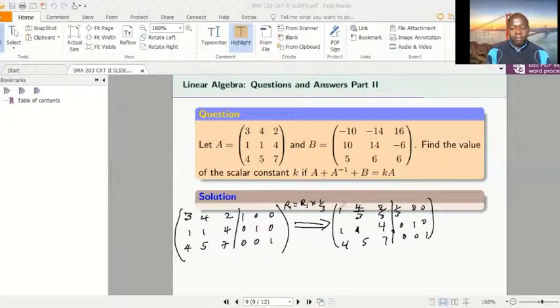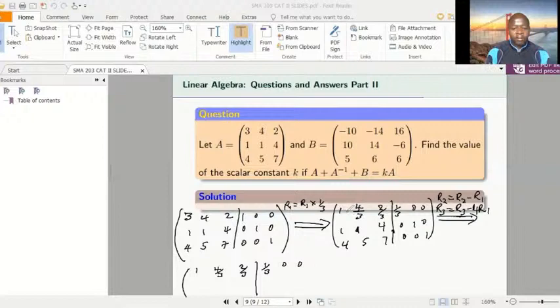Now I want to use this one to create a 0 in this position and a 0 in this position. So for row 2, I want the original row 2 minus row 1. And for row 3, I want the original row 3 minus 4 row 1. Row 1 remains where it is.